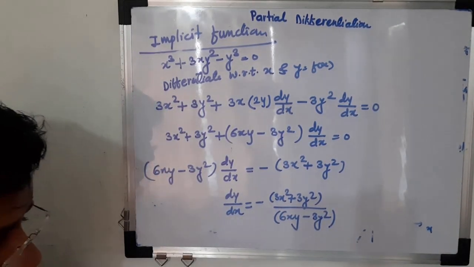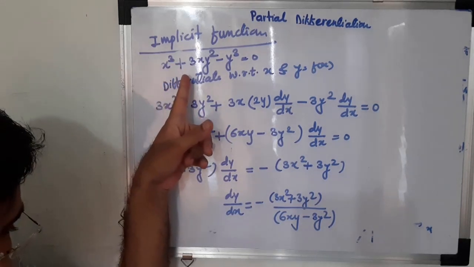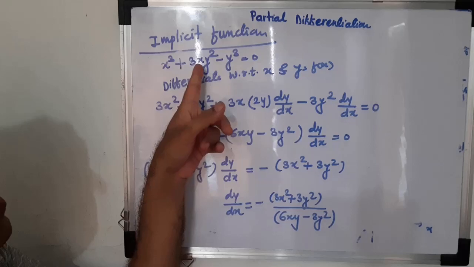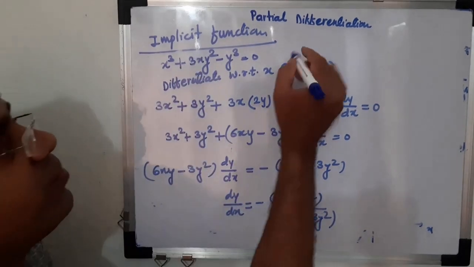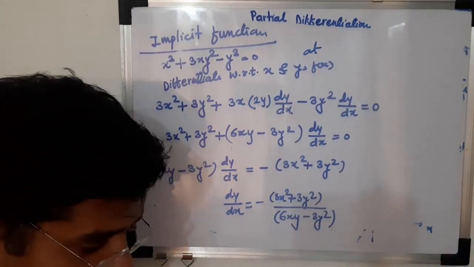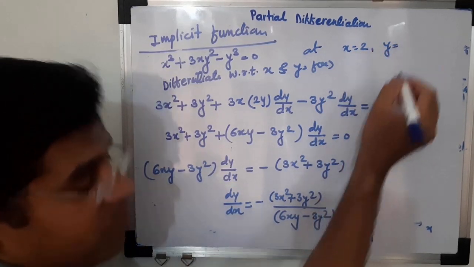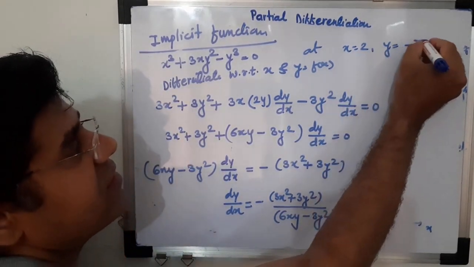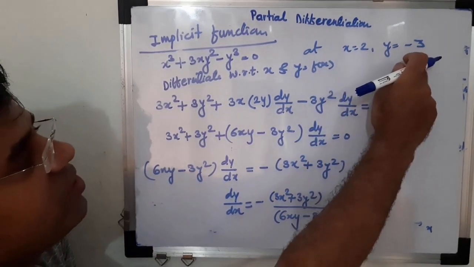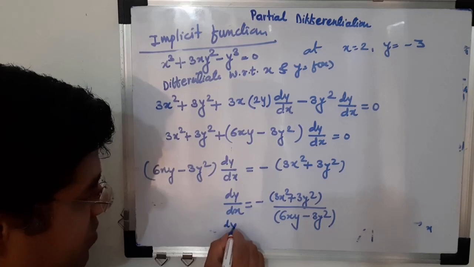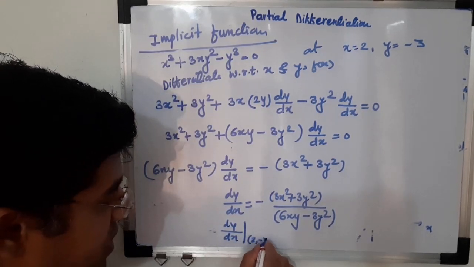Now you have to find the slope of a tangent to the curve at a point. What is the point? x equal to 2 and y equal to minus 3. So this is dy by dx at the point 2 and minus 3.